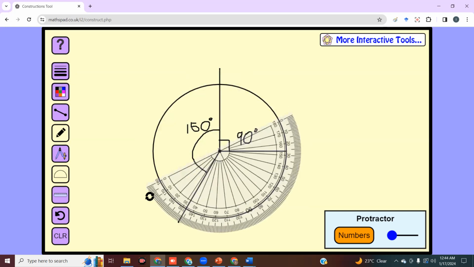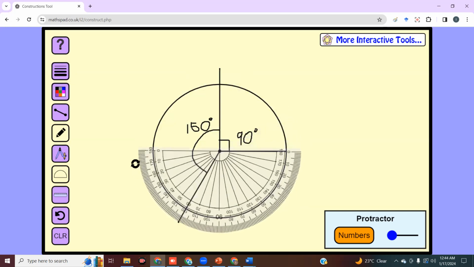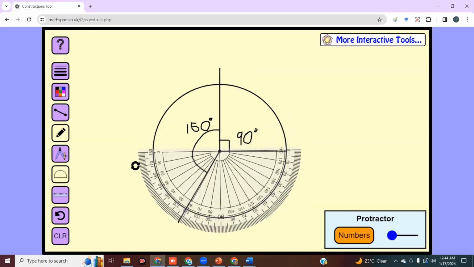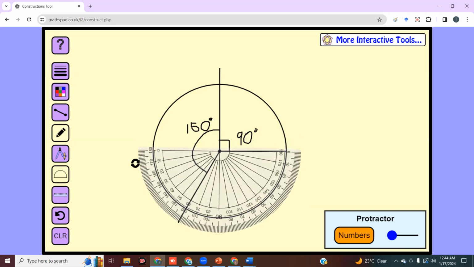Okay, I want to draw 75 degrees, and so this line right here is going to be my base. I'm going to start here at 0, 10, 20, 30, 40, 50, 60, 70, and then I want 75 degrees.